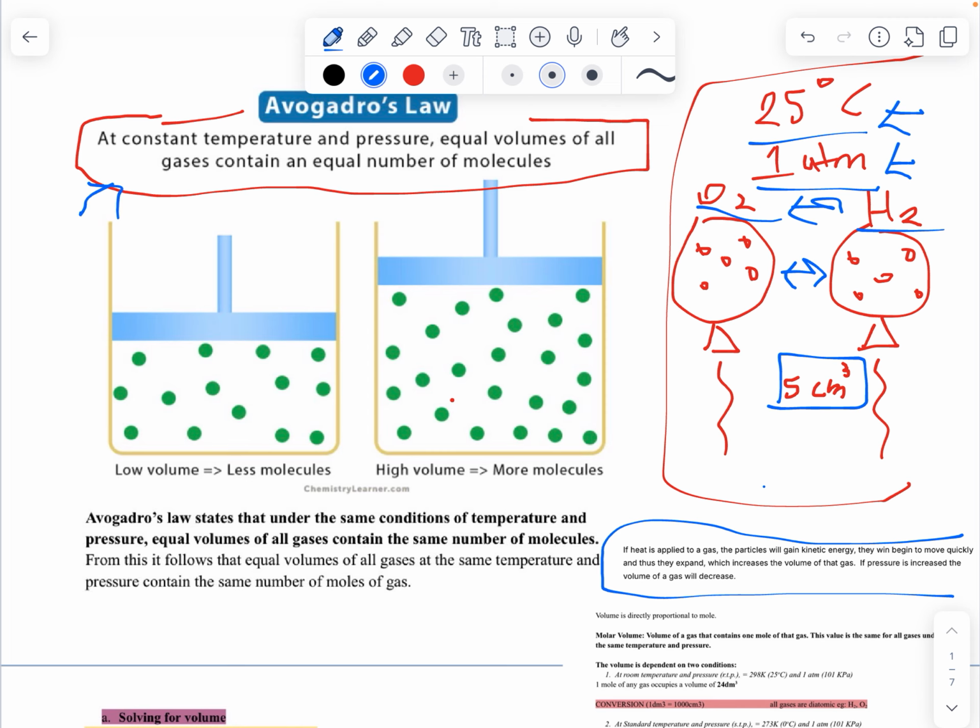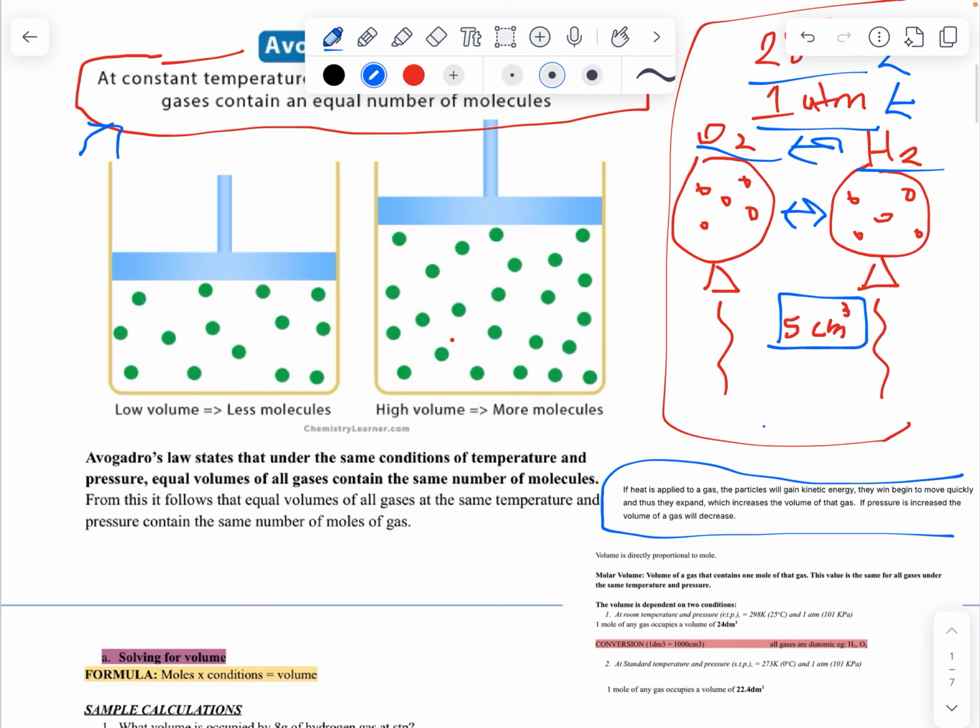This is it in definition: at constant temperature and pressure, equal volumes of all gases will contain an equal number of molecules.